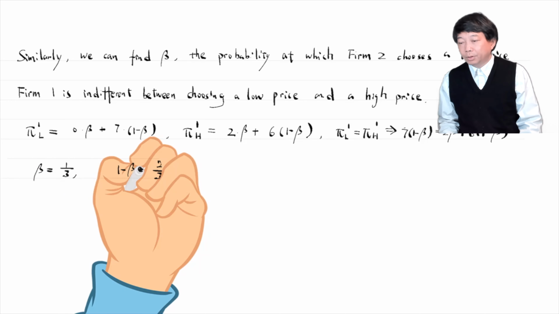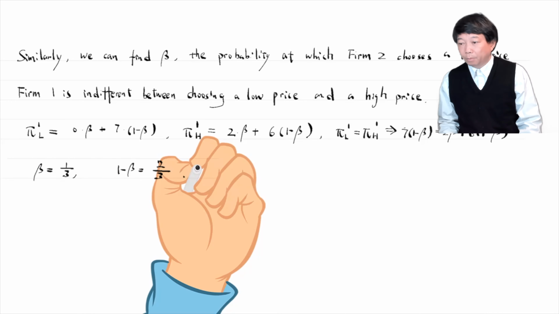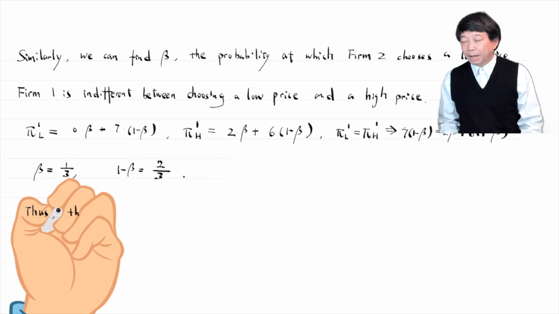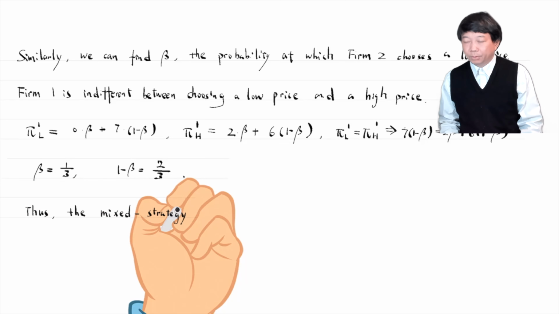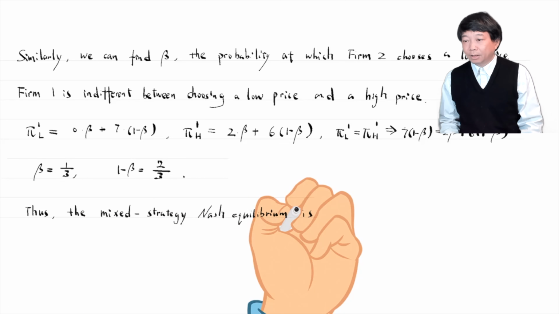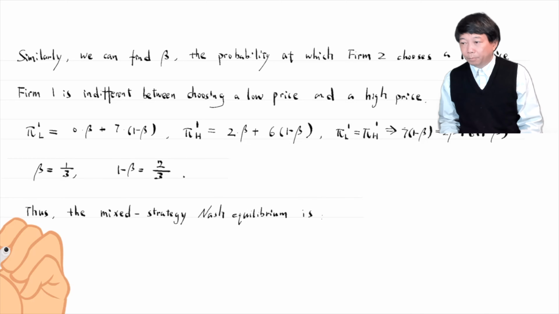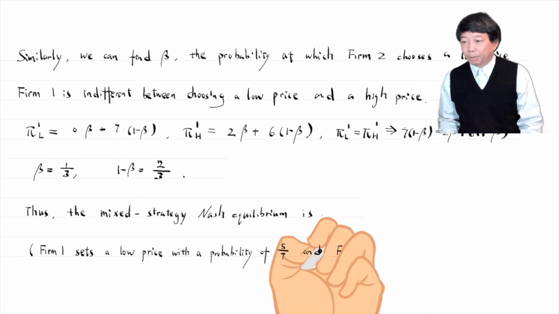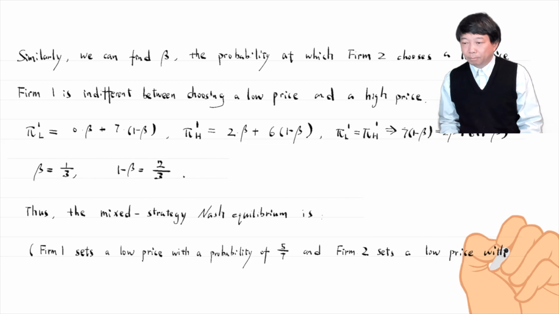Firm 2 sets a low price with a probability of 1/3 and a high price with a probability of 2/3. Thus, the mixed strategy Nash equilibrium for the game is: firm 1 sets a low price with a probability of 5/7 and firm 2 sets a low price with a probability of 1/3.